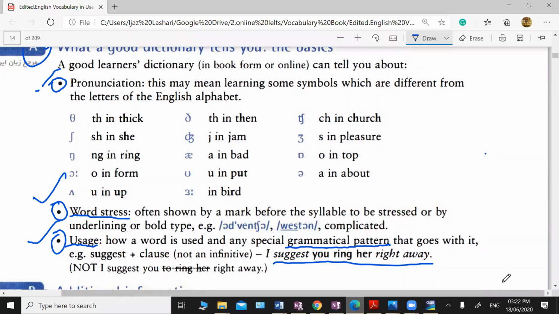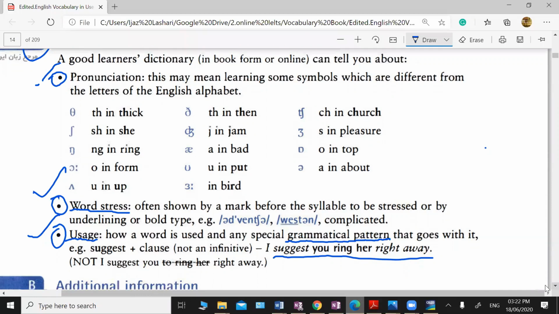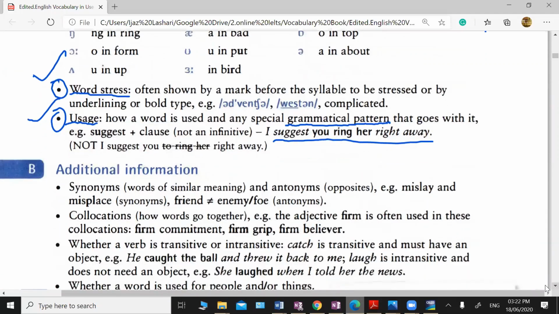Now, the next thing we will see is whether there is any additional information. We also see this in the dictionary. What do we mean by additional information? It tells you, when you look for one word, what other similar words there are. That means synonyms.